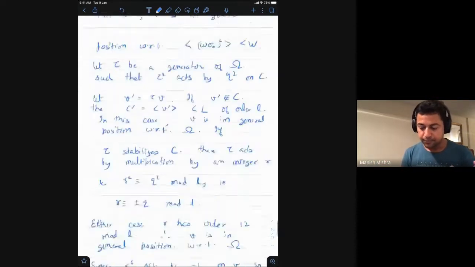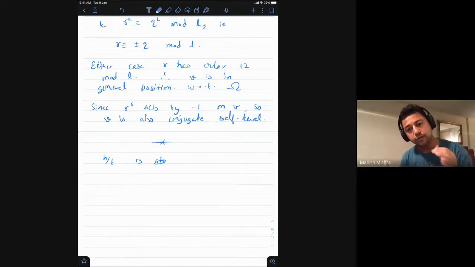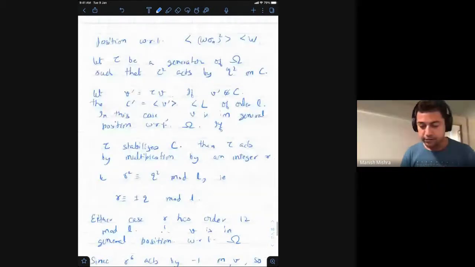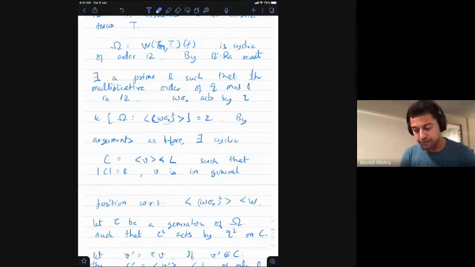But the thing that works in our favor is that we have a classification of such tori. They look like products of Coxeter tori of smaller groups. So we can push this trick further down that road, and prove that these two also admit the required pairs.